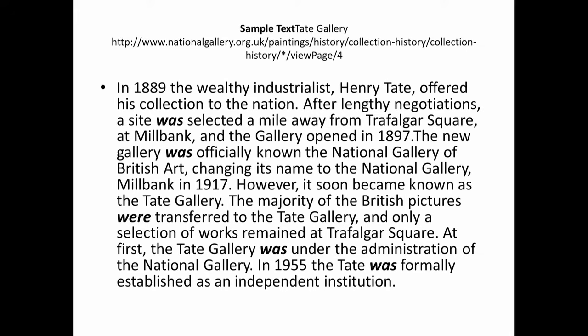After lengthy negotiations, a site was selected a mile away from Trafalgar Square at Millbank and the gallery opened in 1897. The new gallery was officially known as the National Gallery of British Art, changing its name to the National Gallery, Millbank in 1917. However, it soon became known as the Tate Gallery.